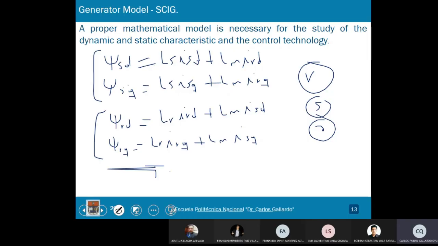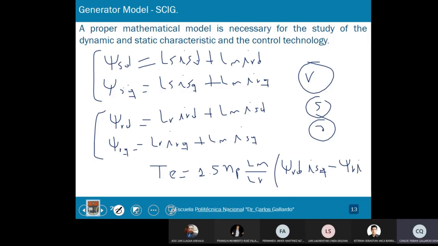So the electromagnetic torque is equal to 1.5 times the number of poles times the magnetizing inductance over the rotor inductance times the rotor flux on the d-axis times the stator current on the quadrature axis, plus the rotor flux on the q-axis times the stator current on the d-axis.